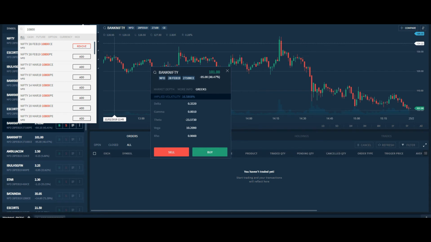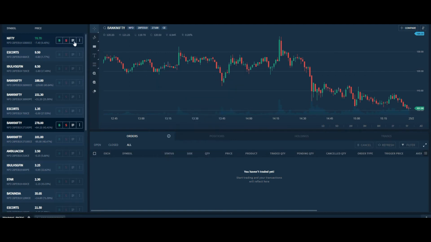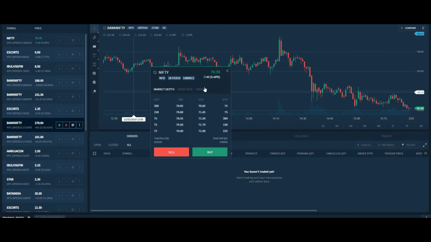So I have added the 10,800 call here. Let's understand what it is. We have got all the figures here, which are delta, gamma, theta, Vega, and Rho, and the implied volatility as well. Now you have got a delta here.